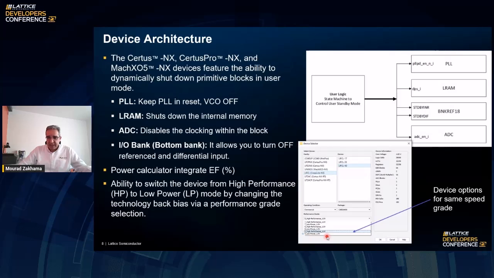It's the exact same part number, but the power profile or the performance profile will be different. So selecting the right device is important to make sure that you have the appropriate bitstream that corresponds to your design.